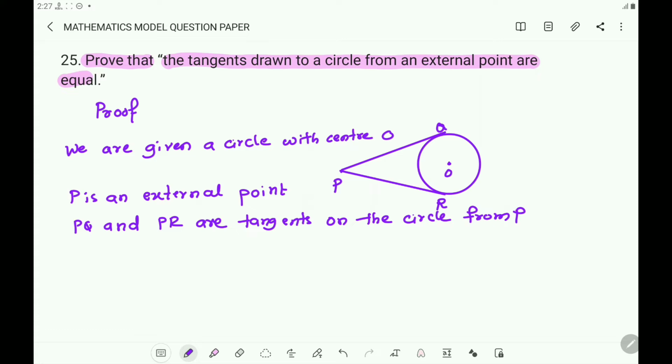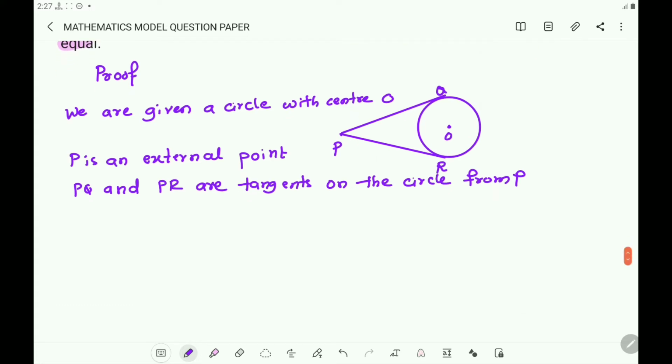From P. Here what you have to prove? You need to prove that PQ equals PR. We need to prove that PQ is equal to PR.